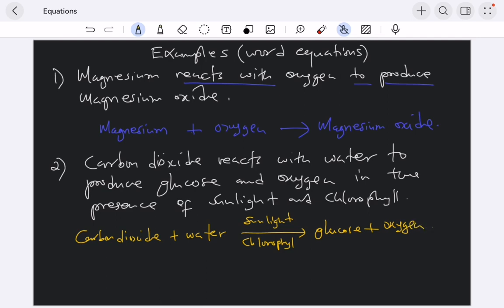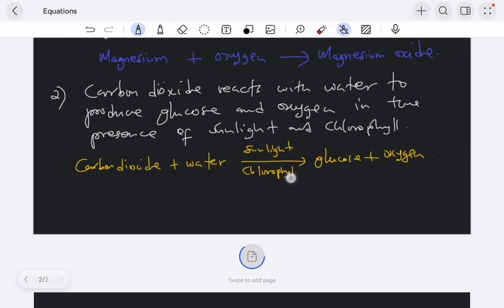So here, we're just using words to describe what is happening in that particular reaction. Let me give one last example.